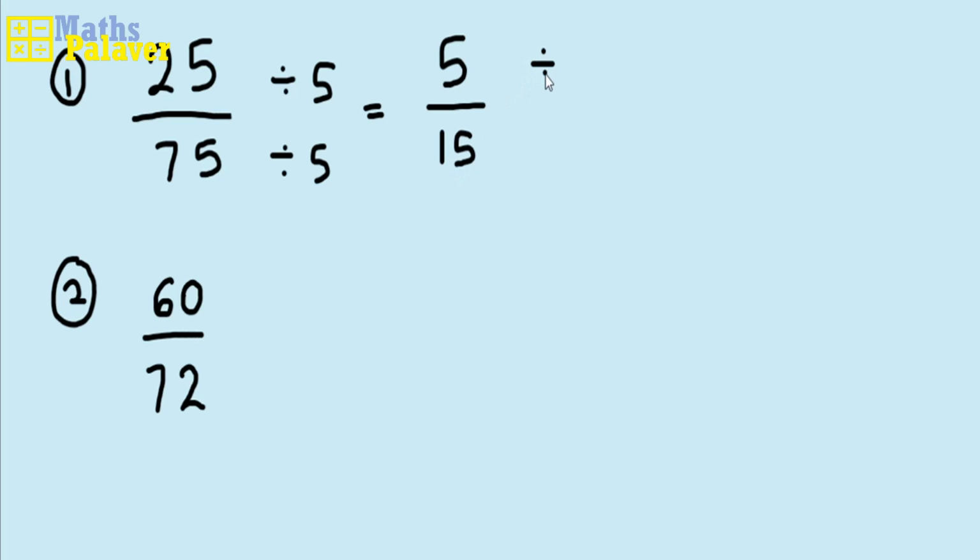So I go ahead and divide the top and the bottom numbers by 5. And that gives me 1 over 3. If that was your answer, good job.